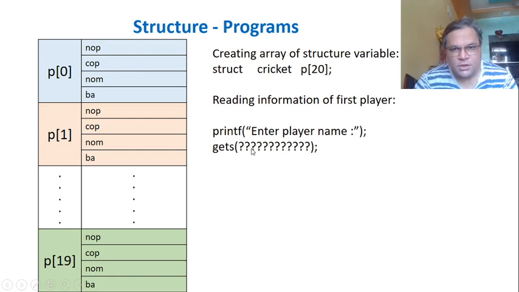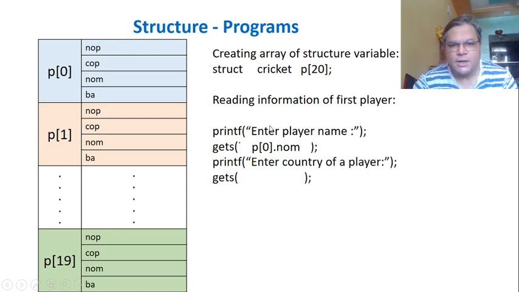I know since this is the name of a first player, it should come inside NOP of P0. Therefore, by using member access operator, inside the gets function brackets, what I need to write is P0.nop. So gets function will accept the name of first player and it will store it into the NOP field present in P0 variable. So it will get stored over here, right?